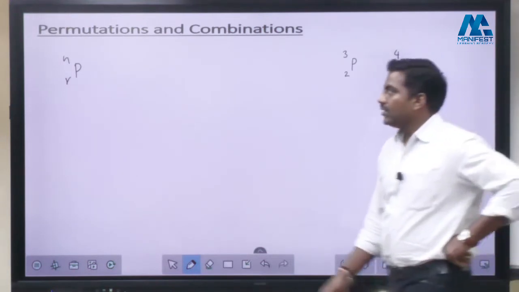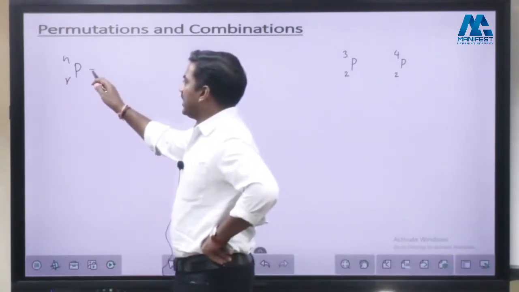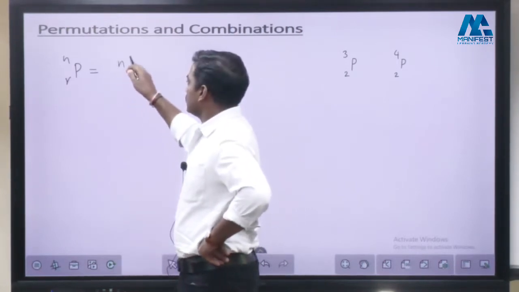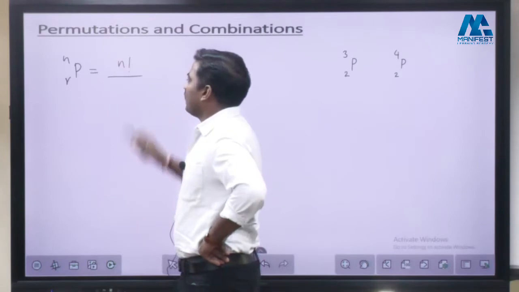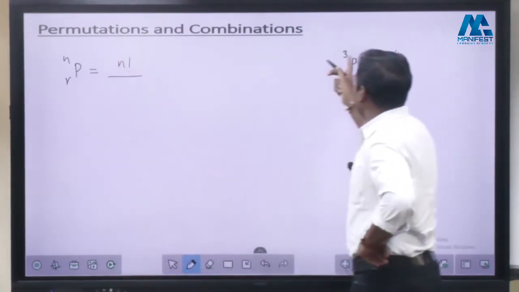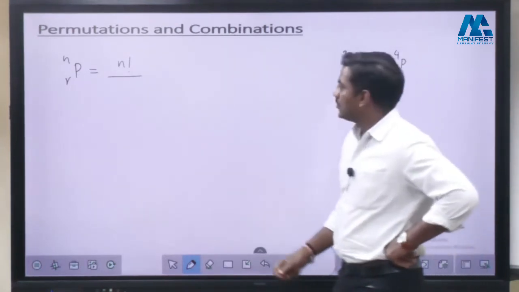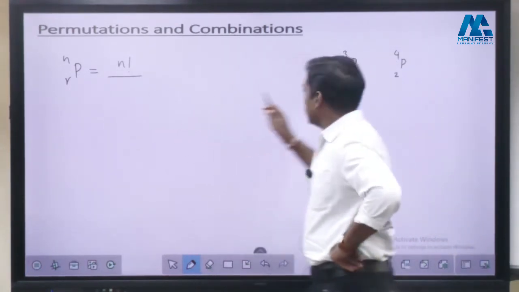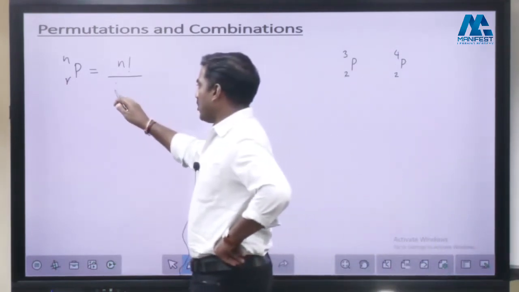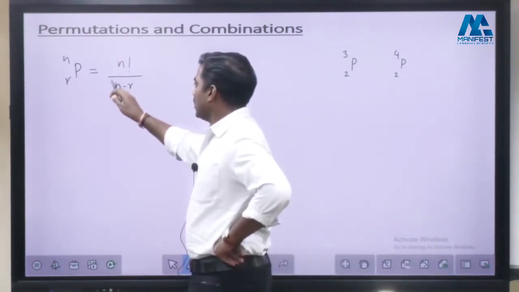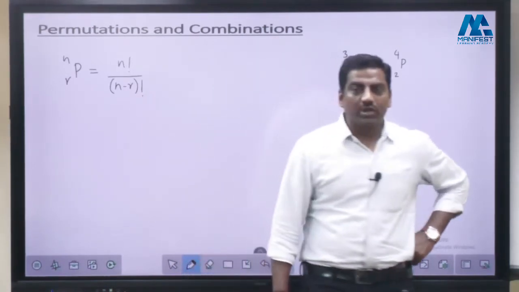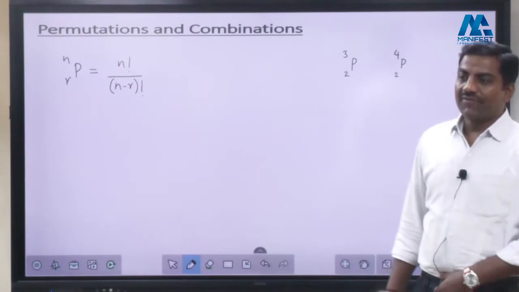For this, the calculation is based upon n factorial. N here means, in the first example 3, in the second example 4. And R is 2 in the first example and also in the second example. So it is n factorial divided by n minus R factorial.